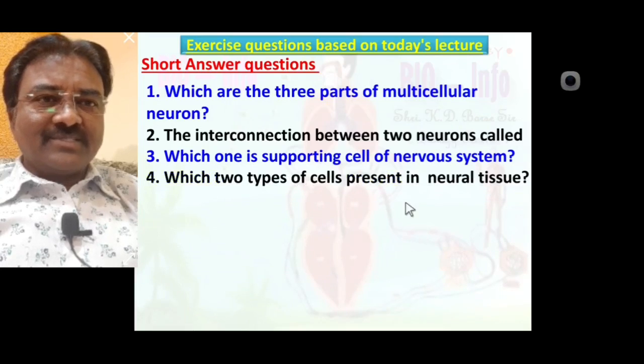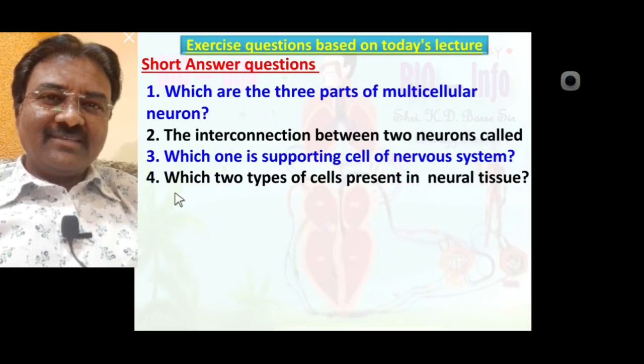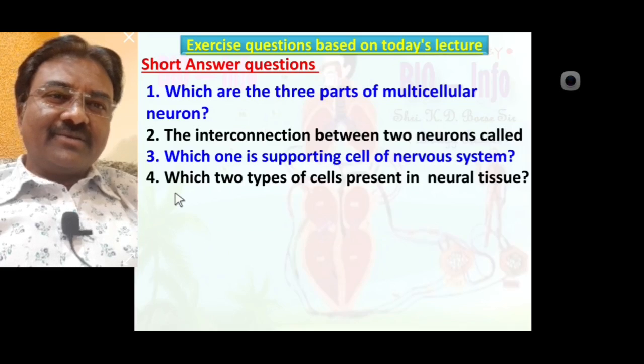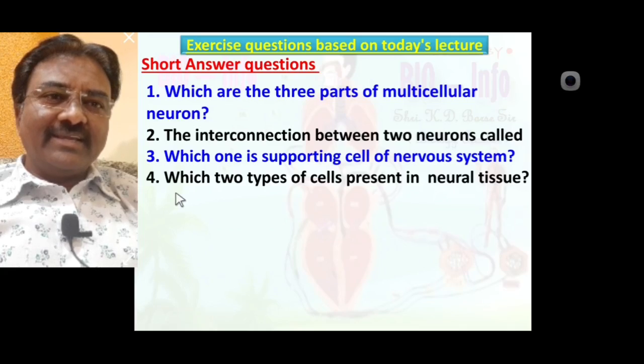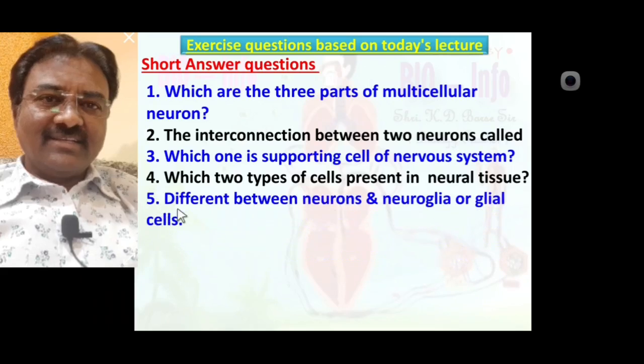Which 2 types of cells are present in neural tissue? Yes, neurons or nerve cells and neuroglial cells or glial cells. Difference between neurons and neuroglia or glial cells?